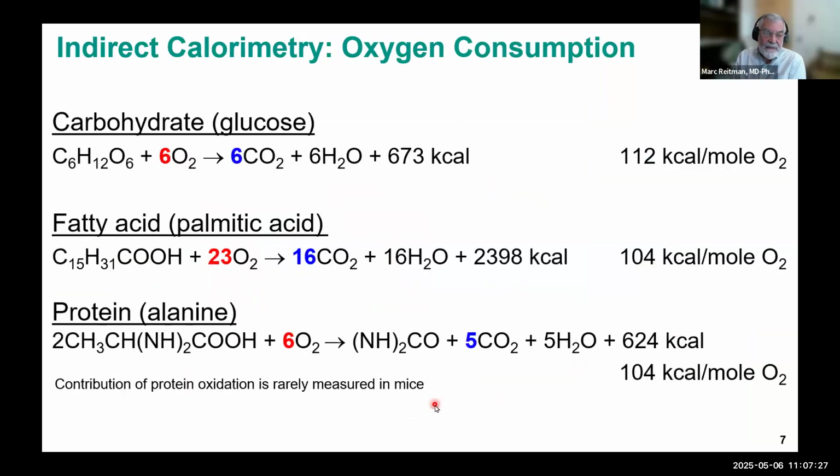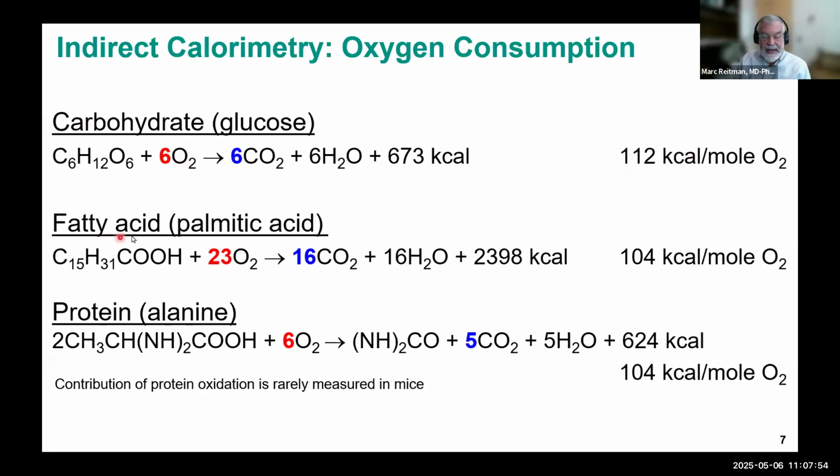And just to be a little more didactic too, how do you approach the calculation of metabolic rate from the oxygen consumption? You see that if you burn carbohydrate, exemplified here by glucose, for every mole of oxygen consumed, you produce 1 mole of CO2, and it's 112 kcals per mole of energy released available for metabolism from that.